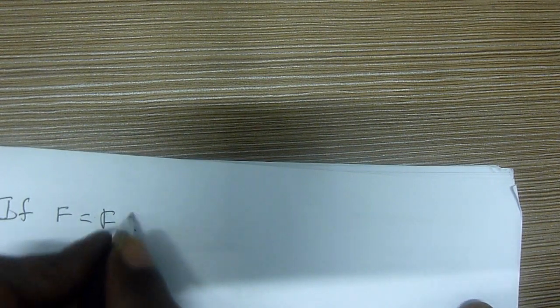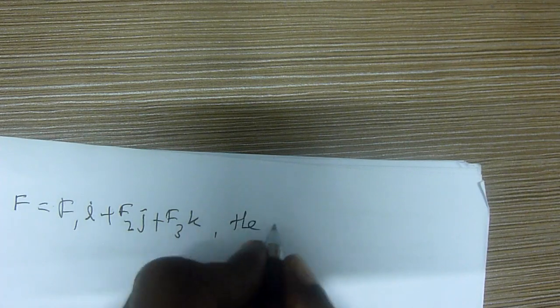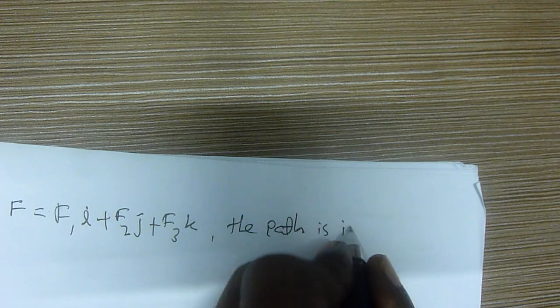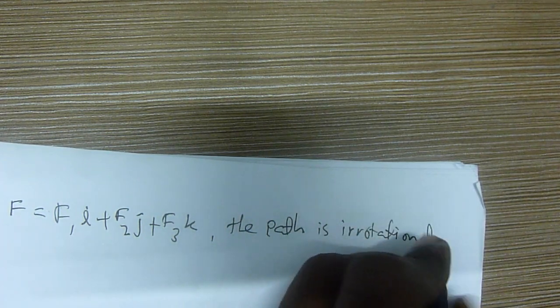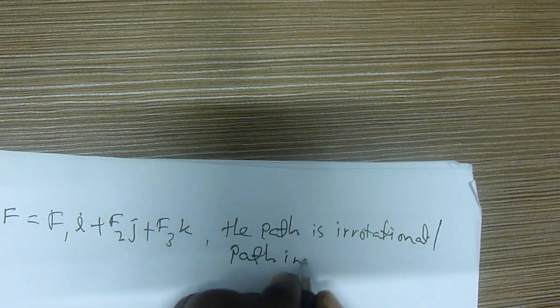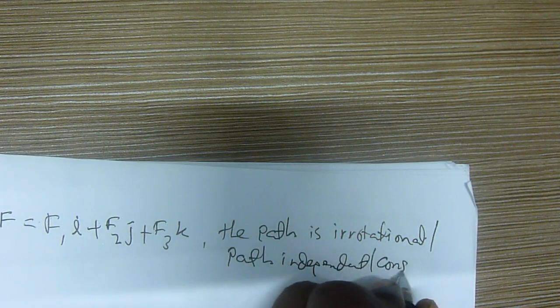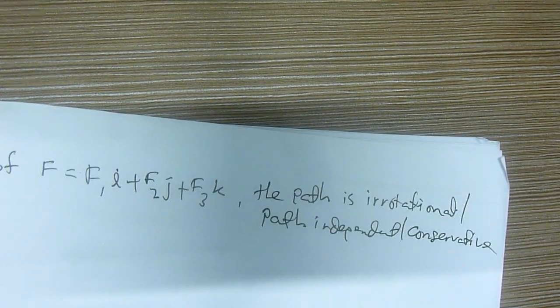If f is f1 i, f2 j, f3 k, the path is irrotational. Why irrotational? Is a path, we call it as independent or conservative. All these terms referring to this one.